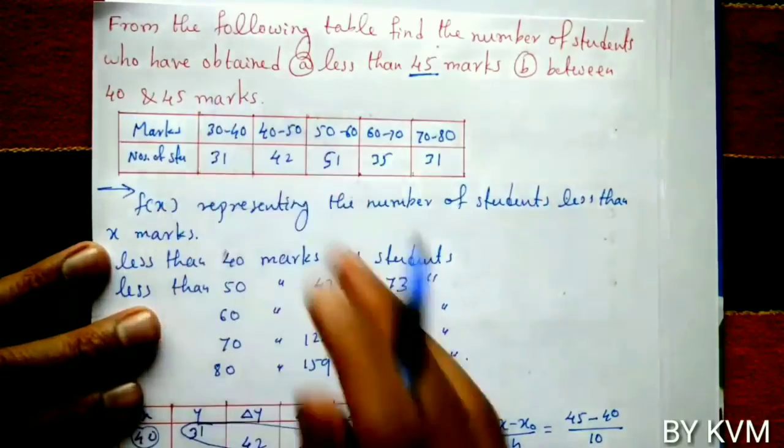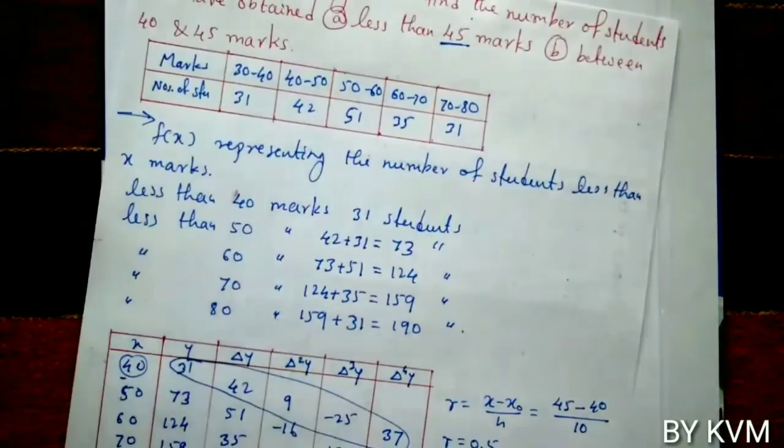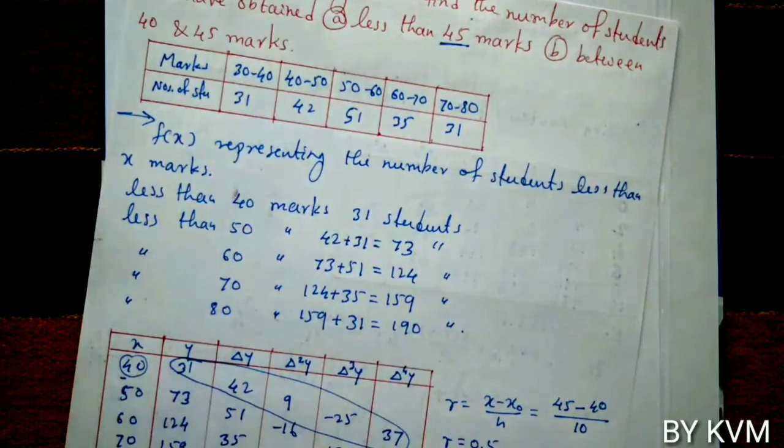Now we have to find the number of students who have scored between 40 and 45 marks.